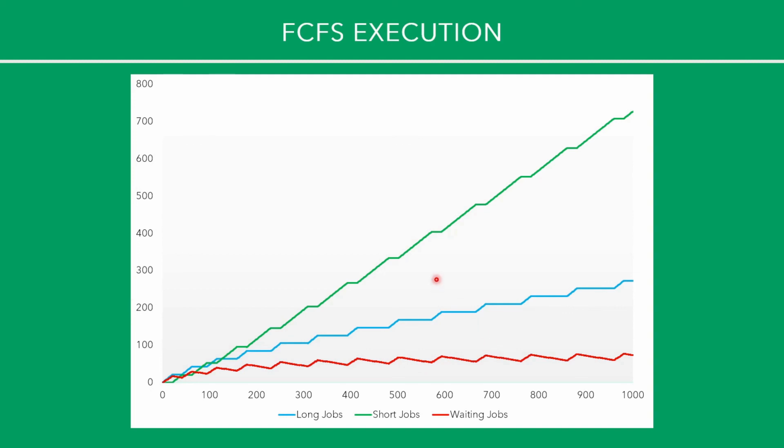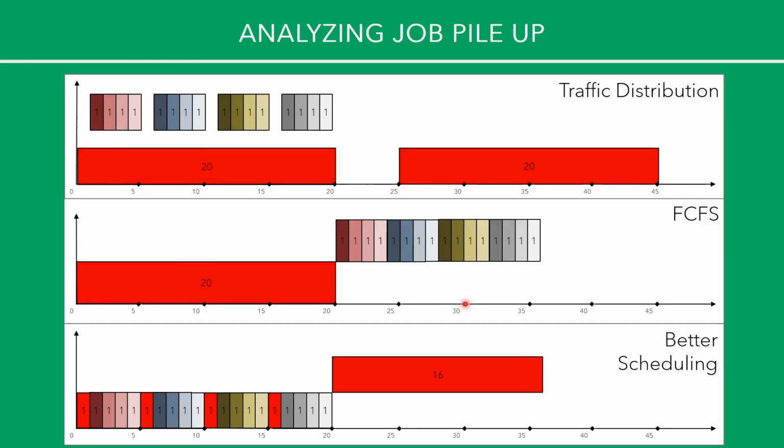Another thing is that the number of short jobs being executed is far more than the number of long jobs, or the amount of time that has been spent on the long job. Why is this the case? Here, when the FCFS scheduler schedules the first burst, the long job has been given priority.